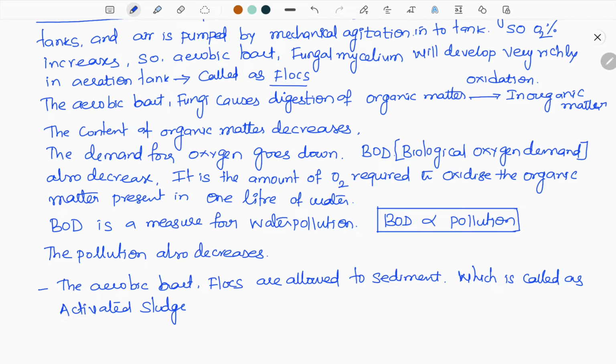So this is another word that I am adding here: activated sludge.